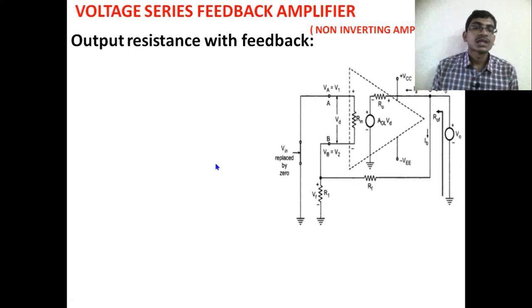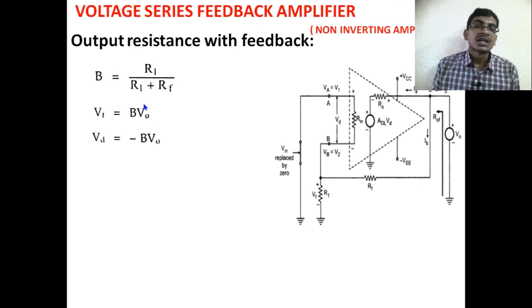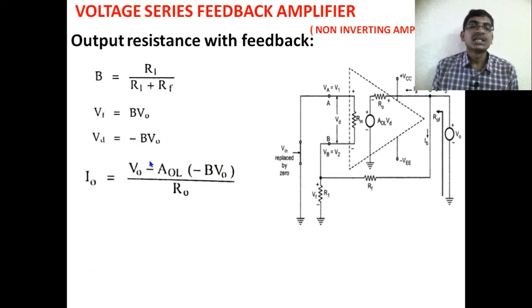Therefore the feedback voltage Vf is equal to beta times V0, and the differential voltage Vd is equal to minus Vf, so Vd is equal to minus beta V0.